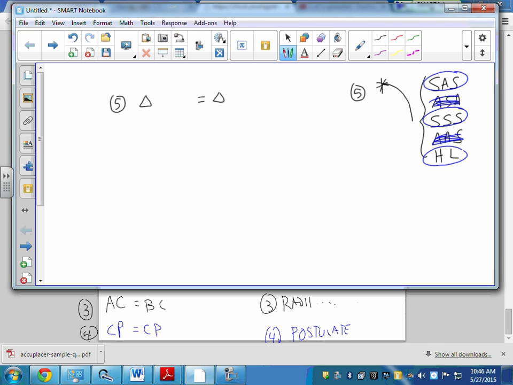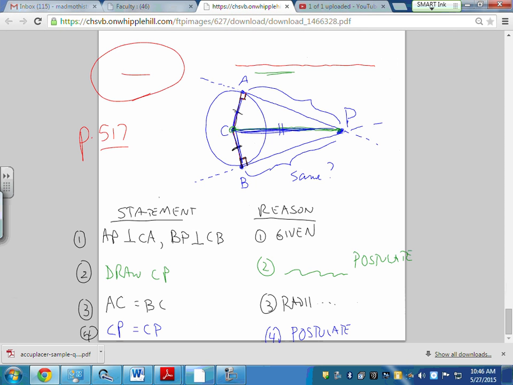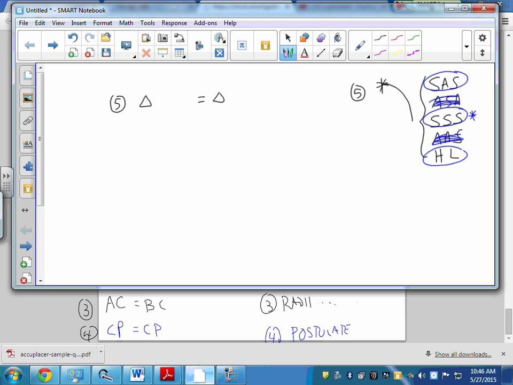Now notice in this one we require the third side. That's not true. That's what we're trying to prove. Remember, we're trying to prove that this third side is in fact equal to this side. So we don't know that yet. So that says we can't use side, side, side. So it has to be either side, angle, side, or hypotenuse leg.